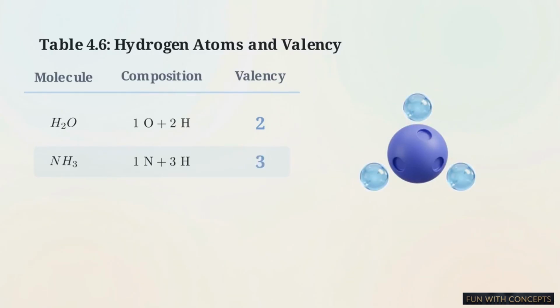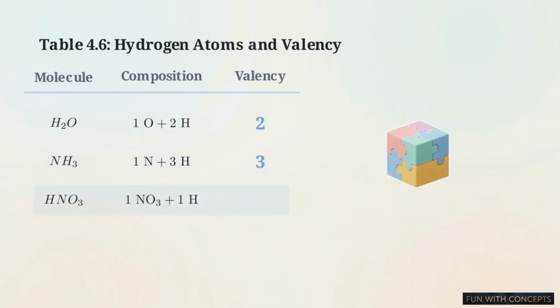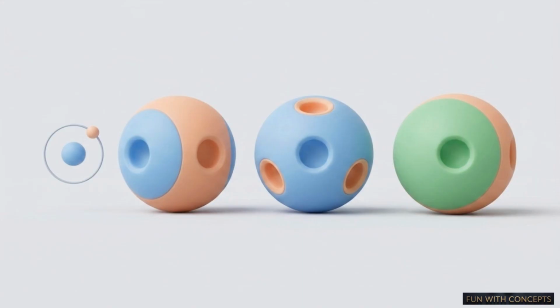In ammonia, 3 hydrogens attach to 1 nitrogen, giving nitrogen a valency of 3. And in nitric acid, 1 hydrogen attaches to a nitrate radical, so the nitrate radical has a valency of 1. Hydrogen provides a consistent yardstick, allowing us to physically measure the structural capacity of different elements.